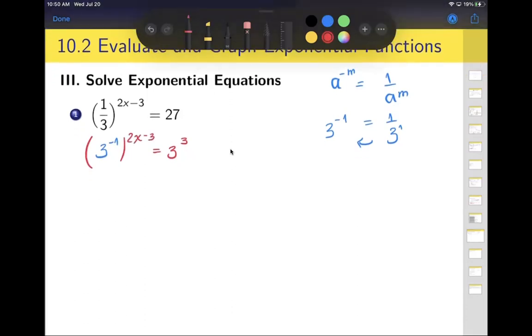Now you can multiply the two numbers together. Recall again, a to the m to the power of n is equal to a to the m times n.